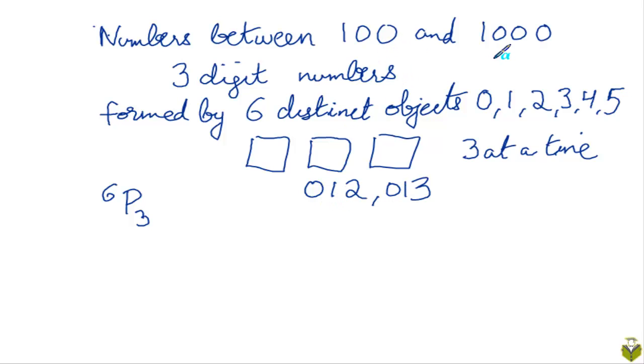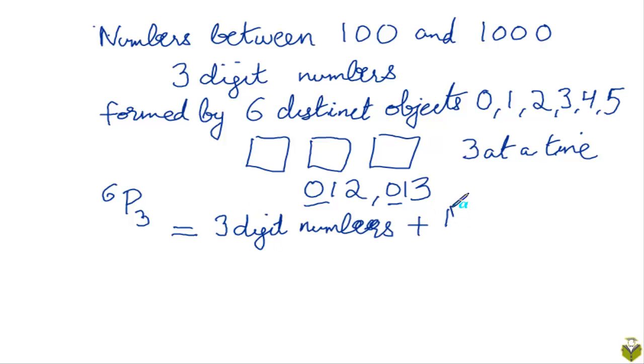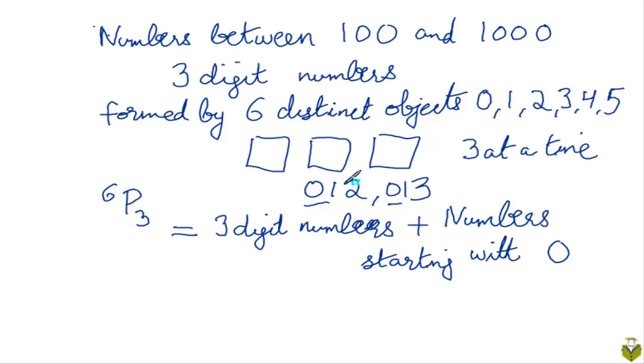Because we want numbers between 100 and 1000, and these are actually two-digit numbers because of 0 being in the first place. So 6P3 actually is equal to the 3-digit numbers plus the numbers starting with 0, like 012. 6P3 consists of the 3-digit numbers which are between 100 and 1000 and the numbers starting with 0.